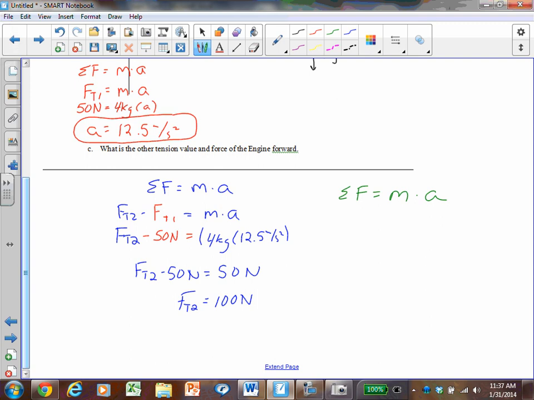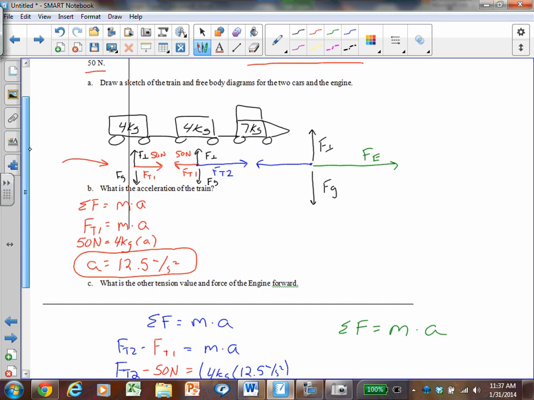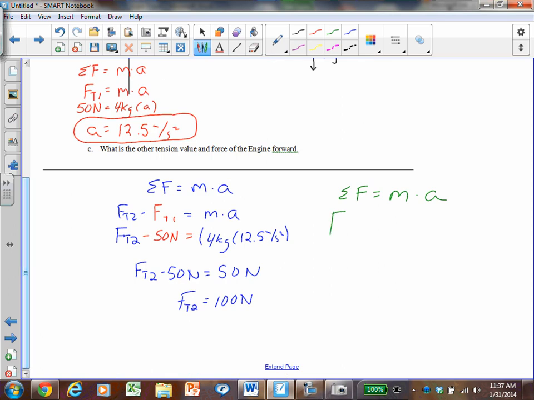Okay, now on this one, the engine, we have FE forward, the winner, minus the loser of FT2 equals M times A. And FE is what we're looking for, minus FT2, which is 100 newtons.